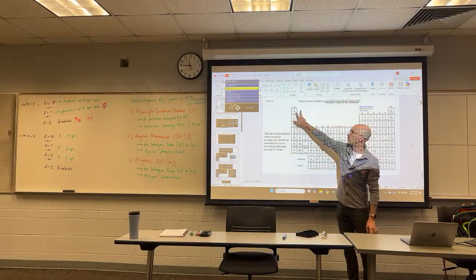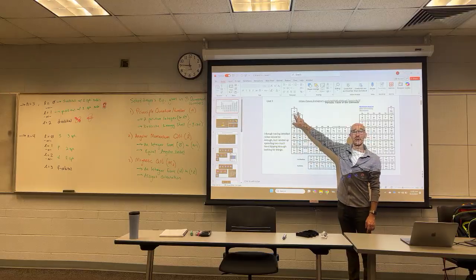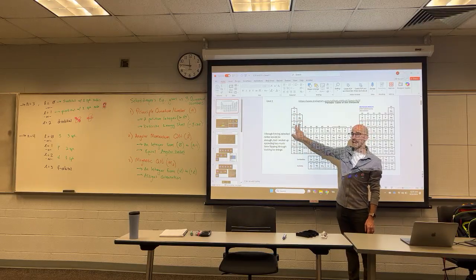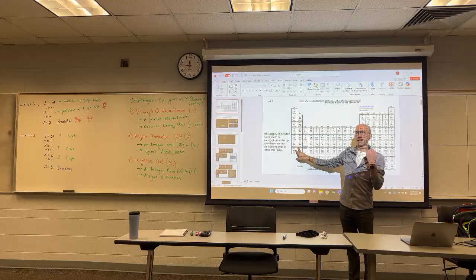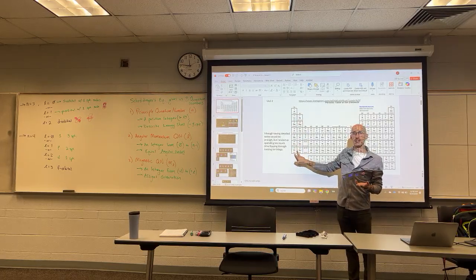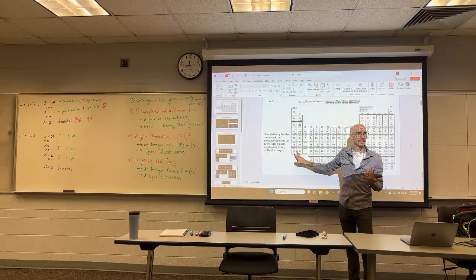Group 1 and Group 2 is called the S block. These atoms have their highest energy electrons in an S orbital, which is why we call it the S block. Their highest energy orbital is S.